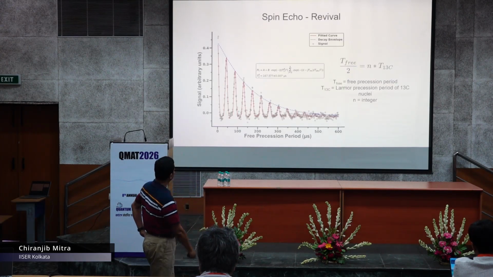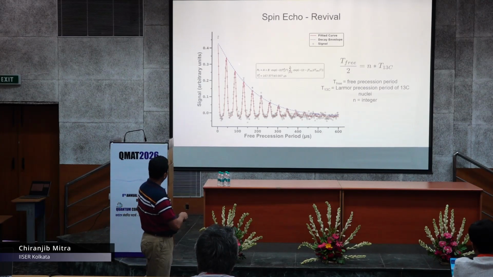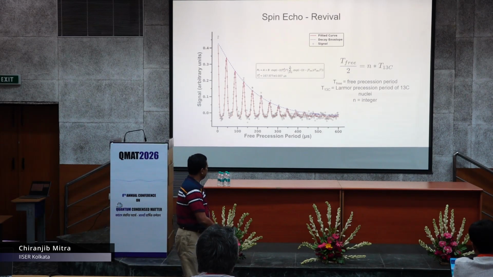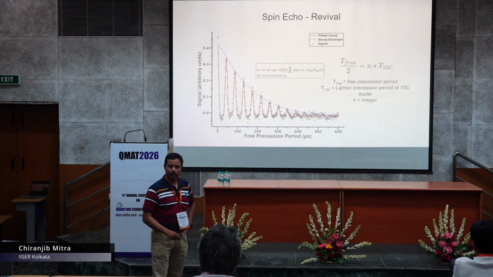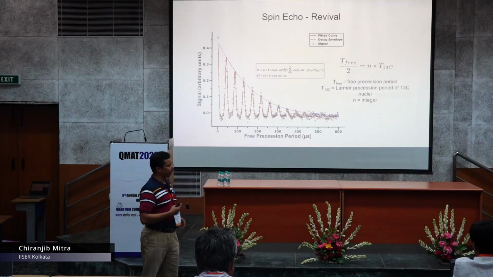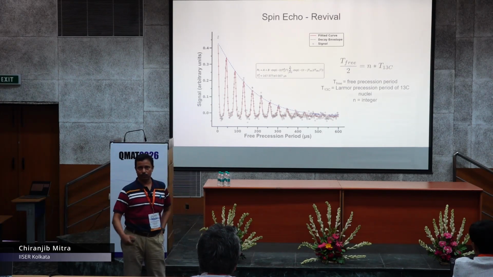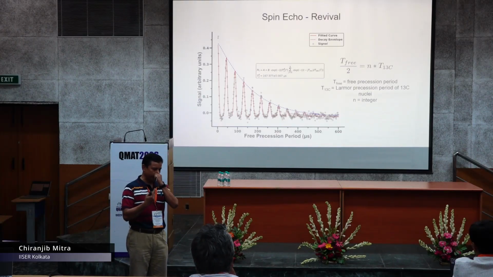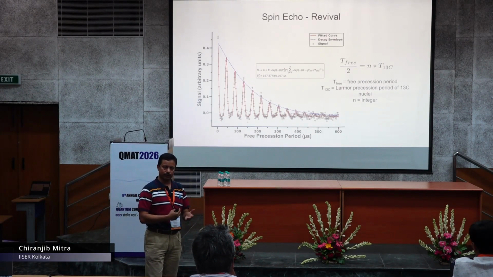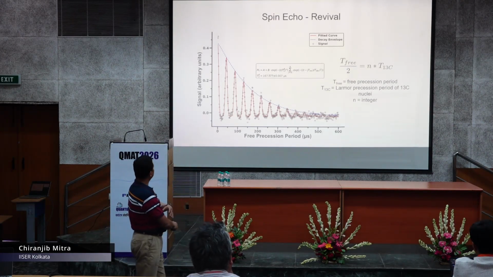If I increase this further up to 600 microseconds, then you will see that there is a revival in this spin echo, and we figured out that this is because there is an additional, you could imagine, Larmor precession from the nuclear spins, the carbon-13 isotope, which has nuclear spins, and that is also precessing at its own Larmor precession frequency, and that gives a kind of an AC field. So the background DC field also has an AC field, and that modulates. Okay, and this is that modulation.